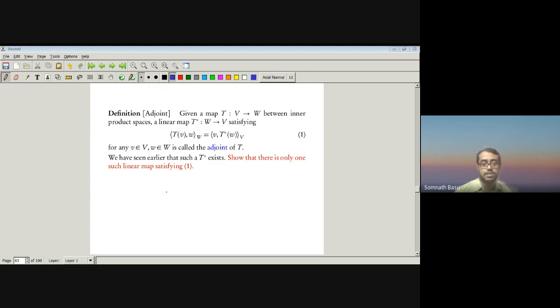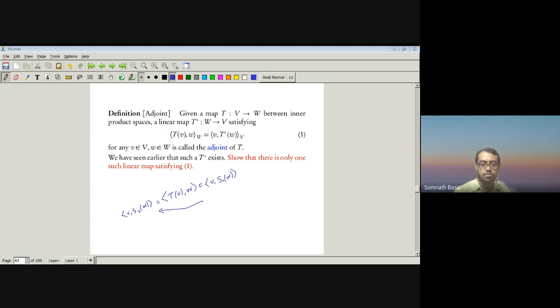The claim is that the inner product of T(v) with w equals the inner product of v with S1(w), and this also equals the inner product of v with S2(w). Because S1 and S2 are both maps from W to V satisfying the identity, because they satisfy it, you get this.